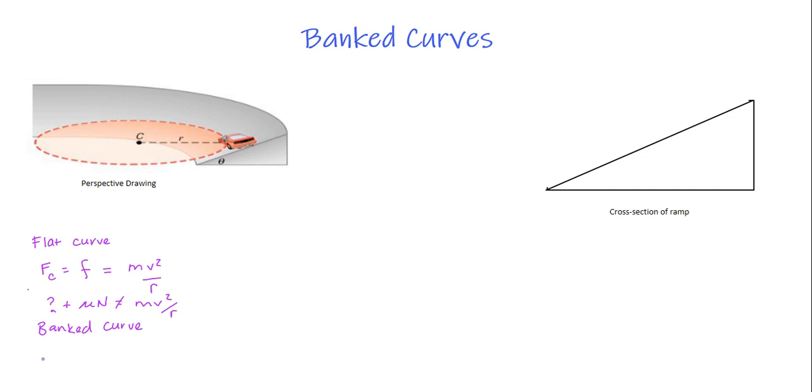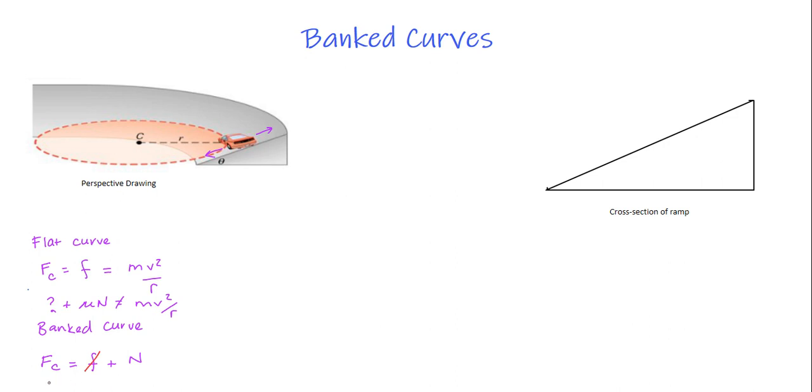So with a banked curve, what we are saying is the centripetal force is going to be equal to the frictional force plus some value of normal force. Now this is not a complete amount of normal force. It's not the total amount of normal force acting on the car, but just a component. Now if the car is neither sliding up nor down the ramp, what we're going to be able to do initially is eliminate friction.